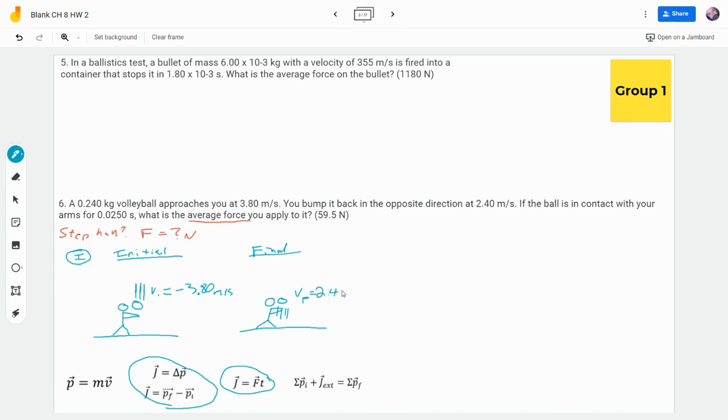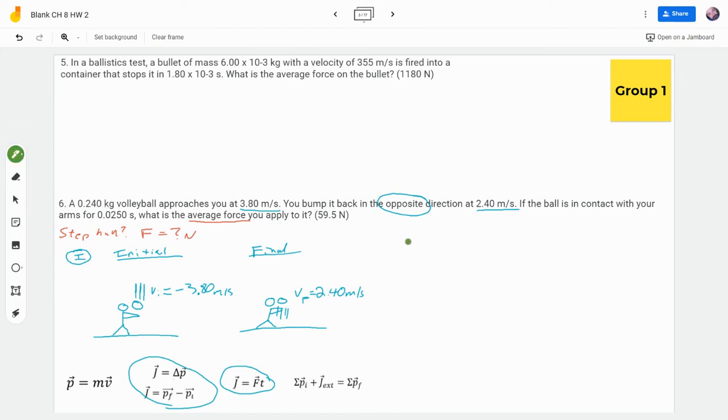A key idea here is even though the way I wrote these two speeds, 3.8 meters per second and 2.40 meters per second, they're both positive numbers, you need to catch this idea: they're going in the opposite direction, initially to finally. So they need to have opposite signs. I pictured it starting down with a negative velocity and then going back up with a positive velocity. That's the key idea.